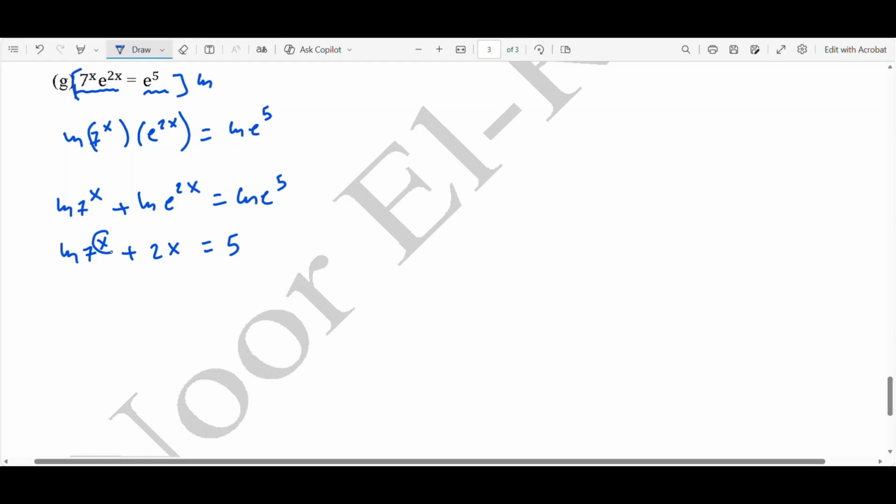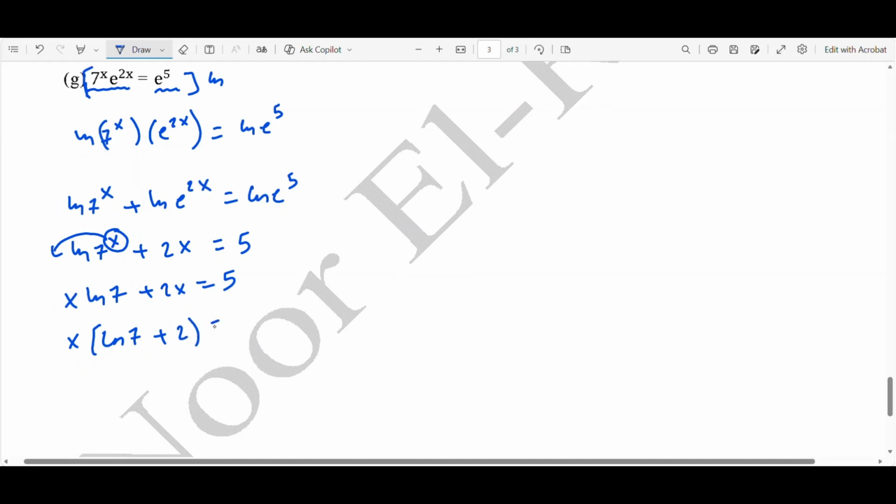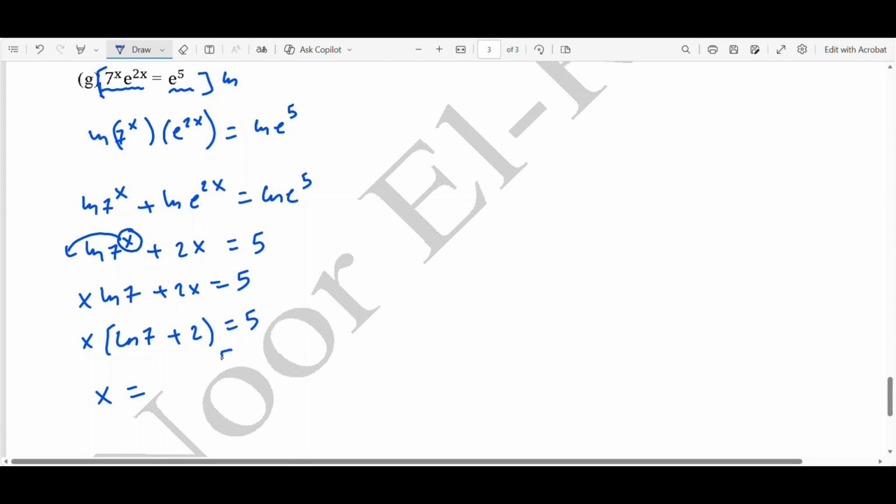I'm going to move the power to become a coefficient: x ln 7 + 2x = 5. Have x as a common factor: x(ln 7 + 2) = 5. So x = 5/(ln 7 + 2).